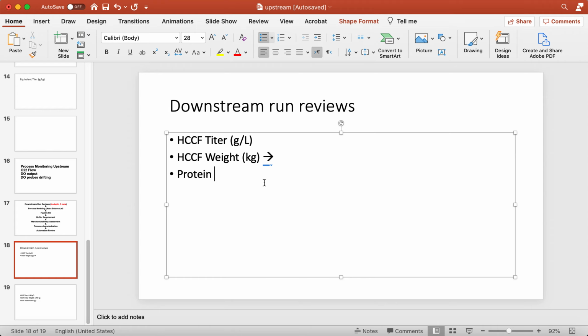The protein that you're going to load, total protein. And then you're going to go on to the actual protein that is loaded onto Pro A.